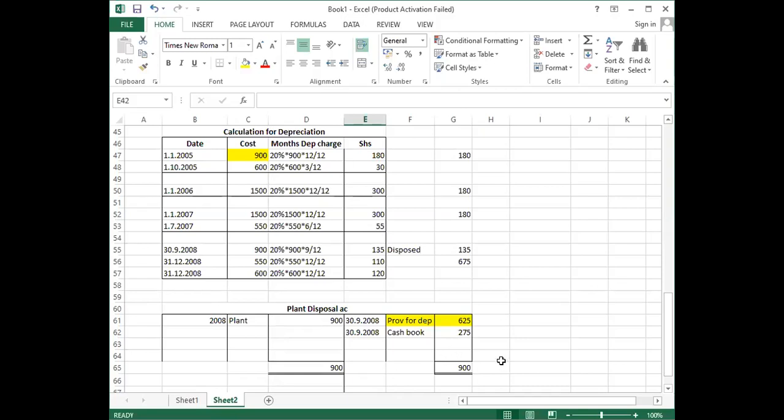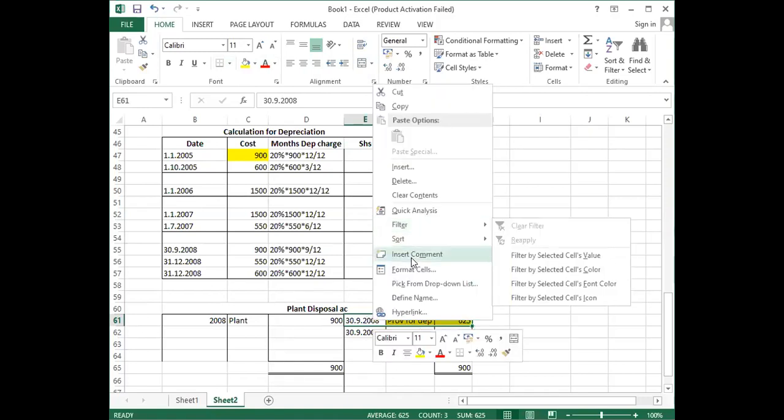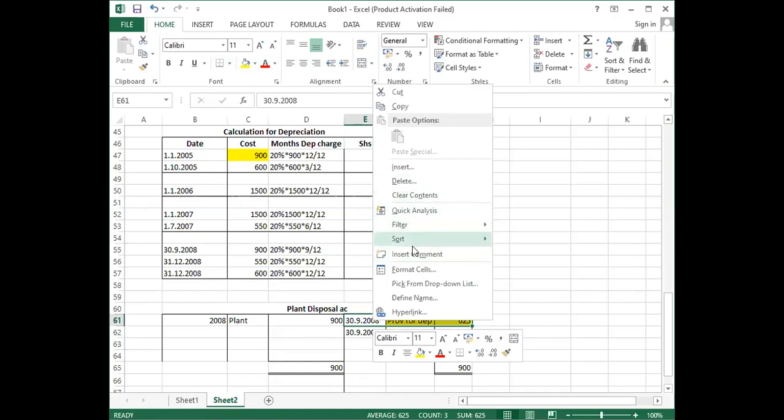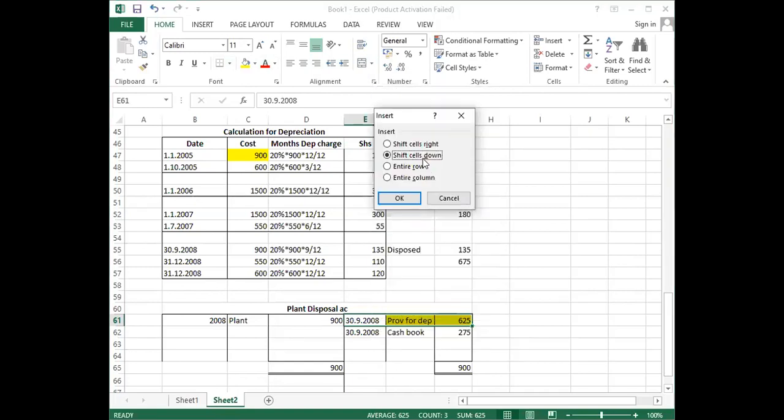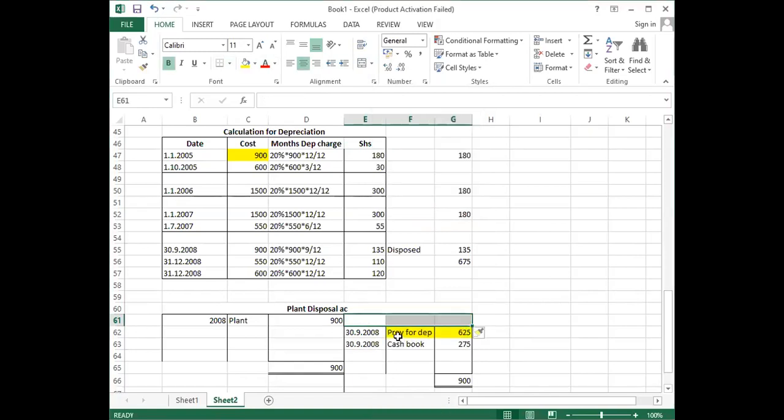Now, I want you to look at this figure here closely because I want to introduce one more thing so that you don't get confused. Whatever we put here, insert to push cells down. What we have put here is the total difference as a balancing figure. When in fact, we were supposed to differentiate it and calculate the depreciation this way, right?